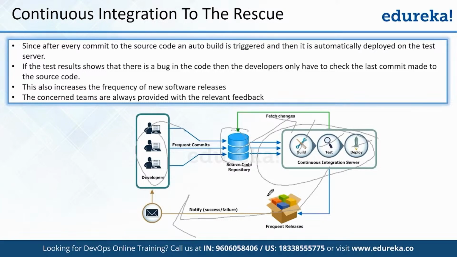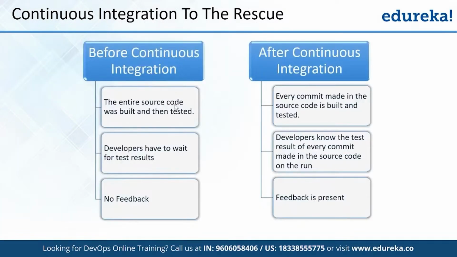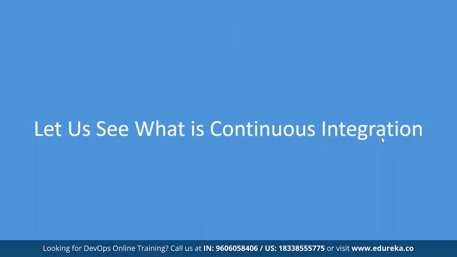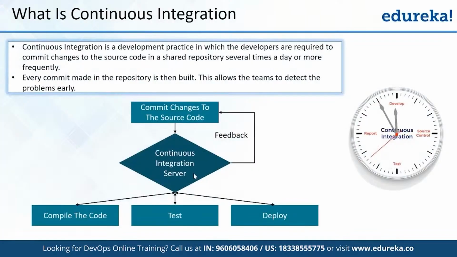Before continuous integration, the entire source code was built and then tested, and the developer had to wait for test results. After continuous integration, every commit is built and tested, and the developer knows the test result every moment. So continuous integration is compiling, testing, and deploying the code for each and every commit.